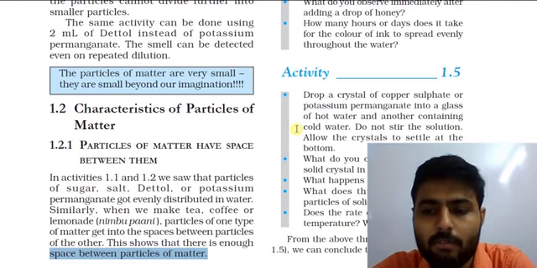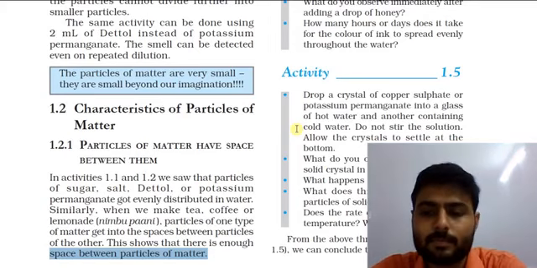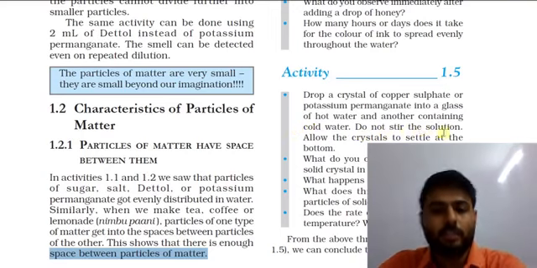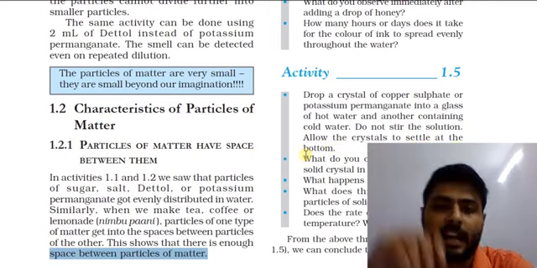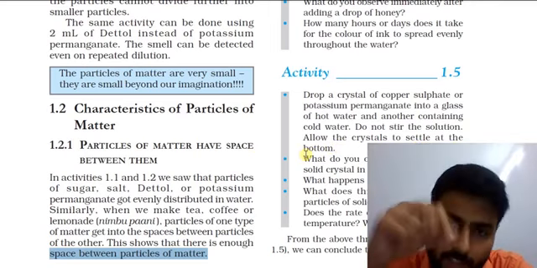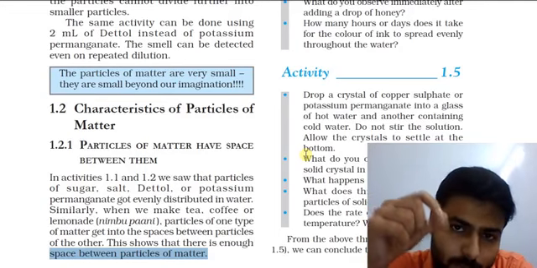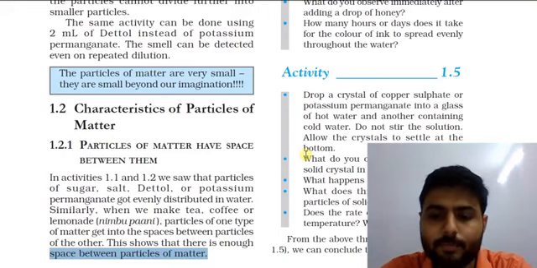What do you observe just above the solid crystal in the glass? Now do not stir the solution. Allow the crystals to settle at the bottom. Remember that in this activity we do not stir the water. Allow the crystals to remain at the bottom of the water. What will happen?